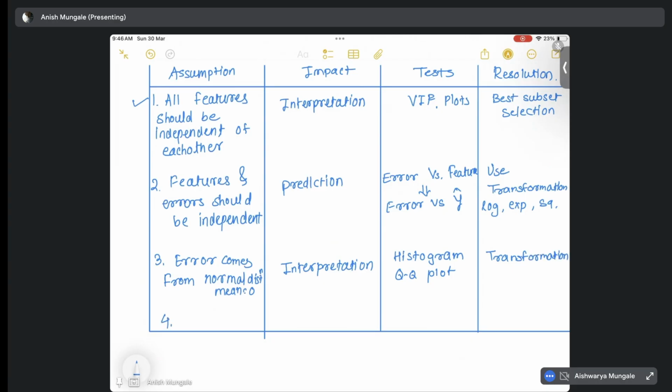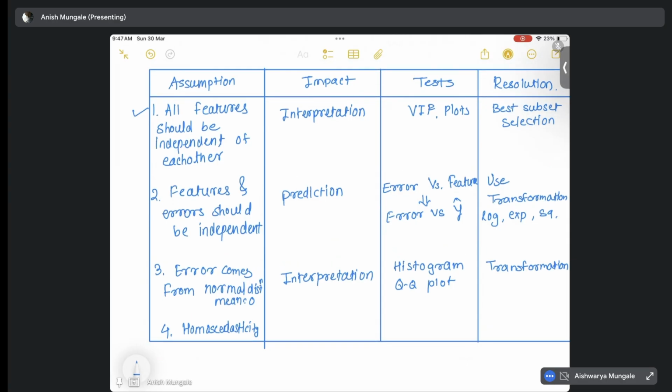Then the fourth one is, we say that it should have homoscedasticity. The problem was with the variance of the errors changing. Problem was with the prediction or interpretation? Prediction, correct.